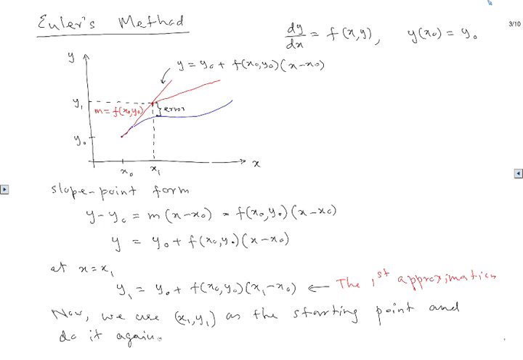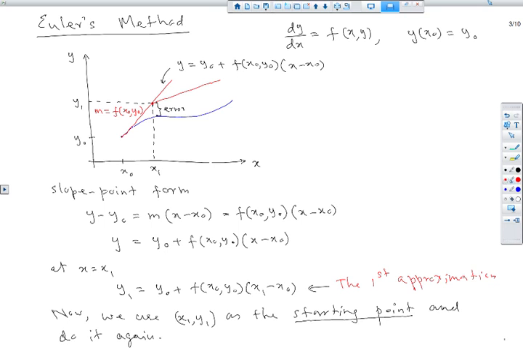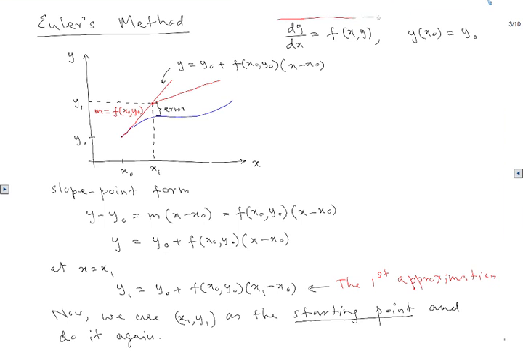That's the idea. We can use this as the new starting point, so it's just a problem with a new starting point. We can pretty much do the exact same thing, because we can plug that point into the differential equation and find the slope. So if you plug in here, you're going to get the slope.